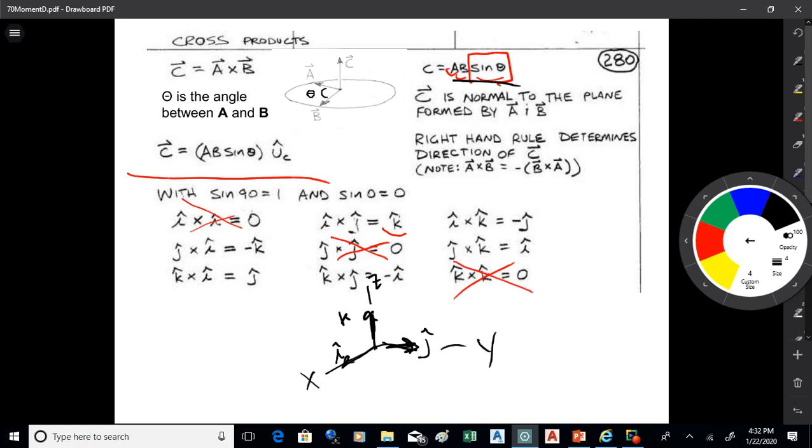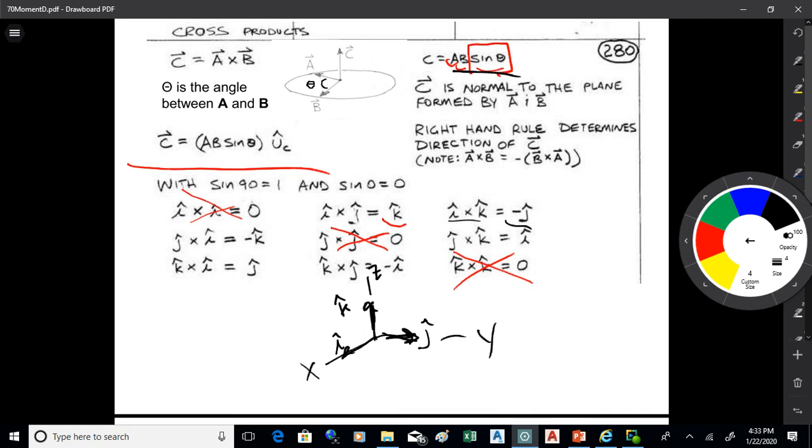If I can run through this for all of them, if I cross i with k, that'll curl my fingers from the x-axis up towards k, and my thumb will point in the negative j direction. If I cross j with i, my thumb will point down in the negative k direction. If I cross j with k, my thumb will point in the positive x direction.